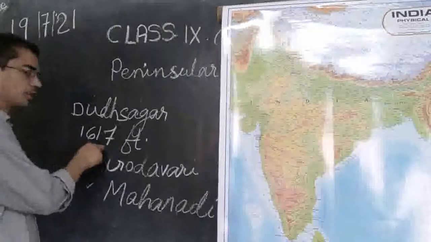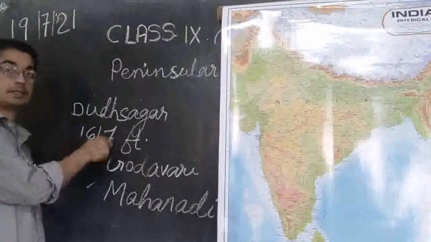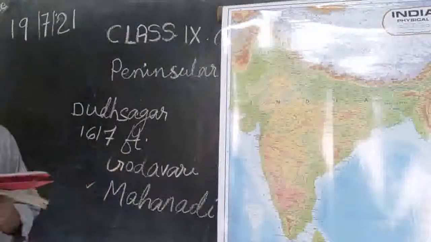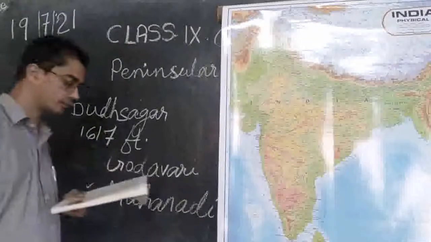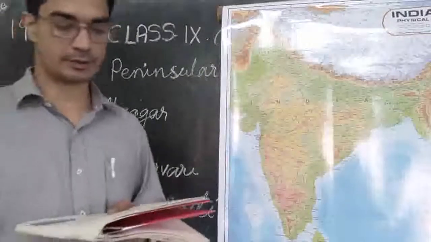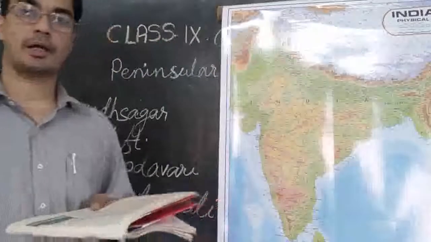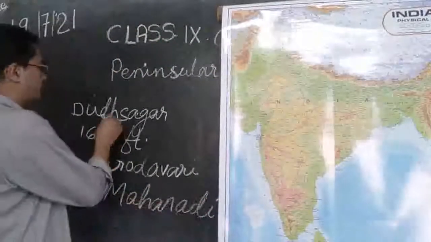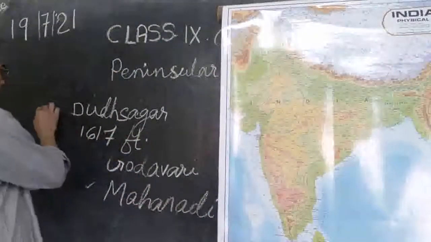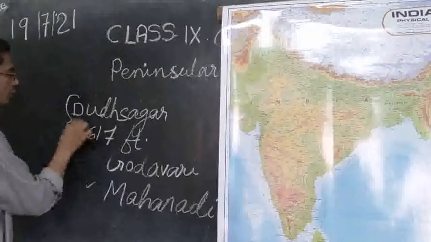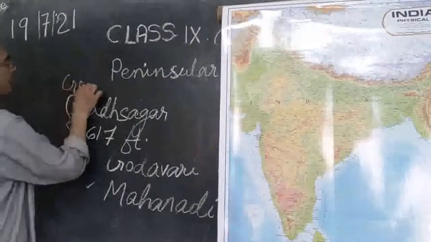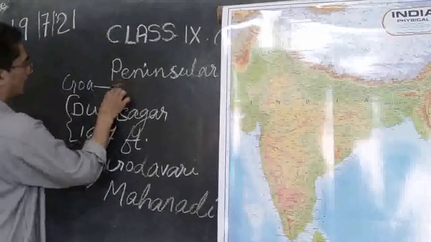That is the height of this waterfall, 1617 feet, and it is found between which places? Goa and Karnataka. It comes between Goa and Karnataka.